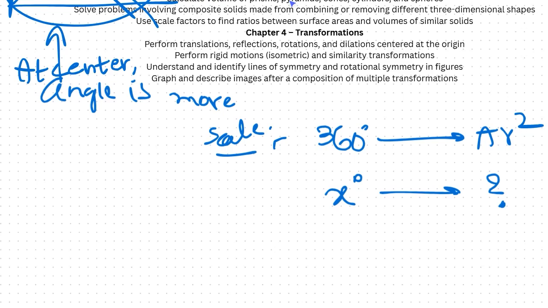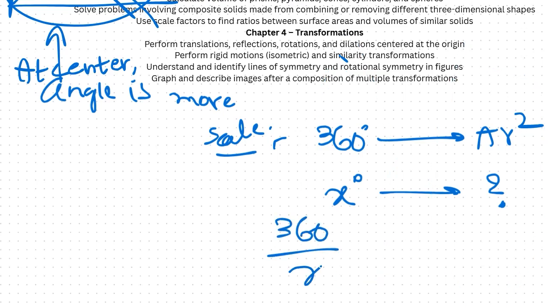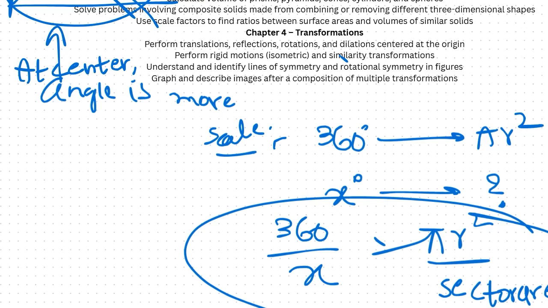They made a proportion. So like this, 360 upon x is equal to pi r squared upon sector area. I remember doing this. So this is the scale.